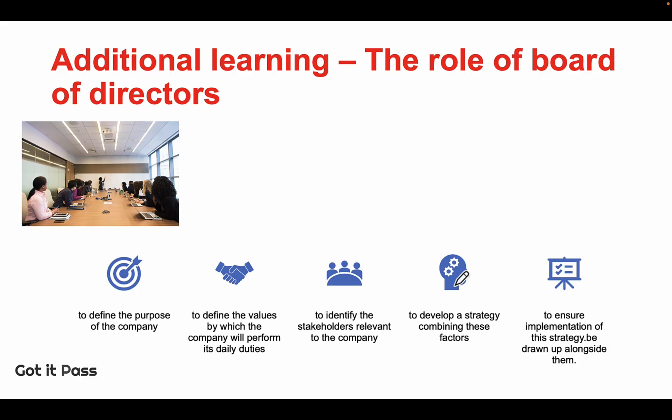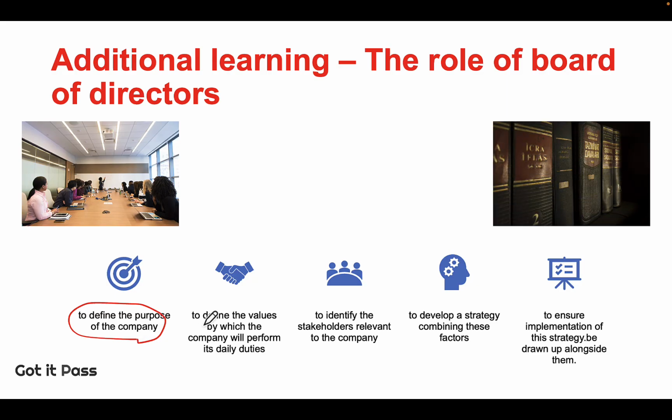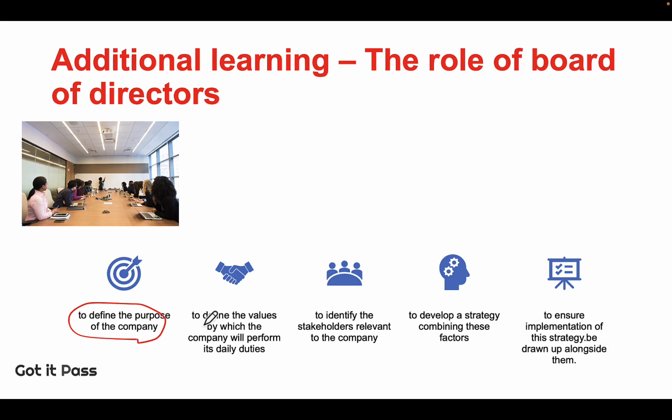First, to define the purpose of the company. So the first role of the board of directors is to define the purpose of the company. Next, the board needs to define the values by which the company will perform in its daily duties.